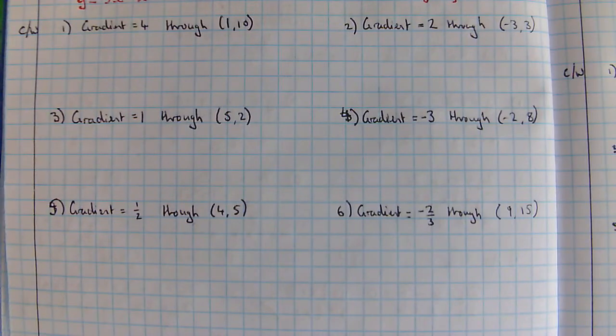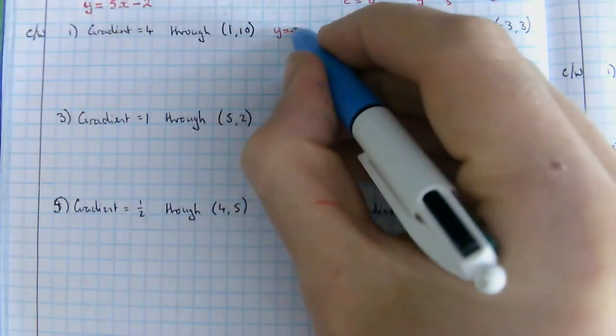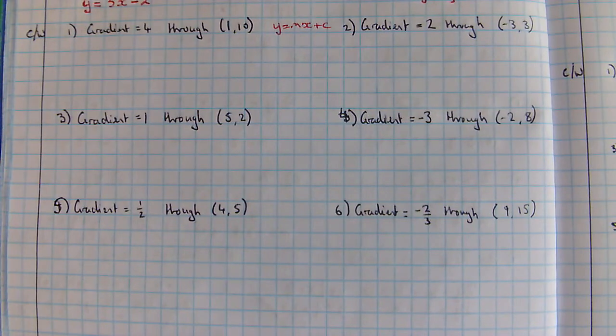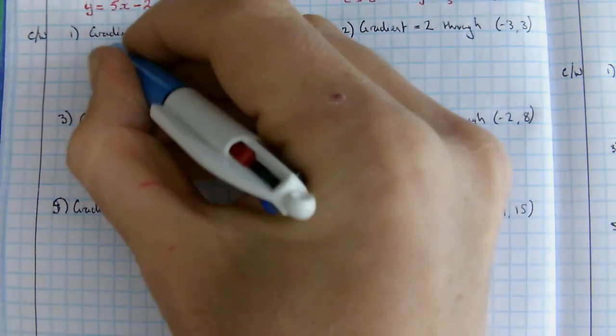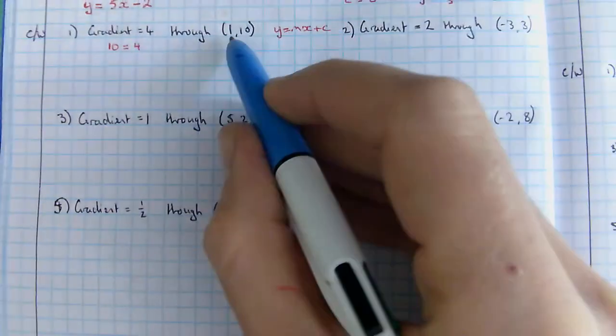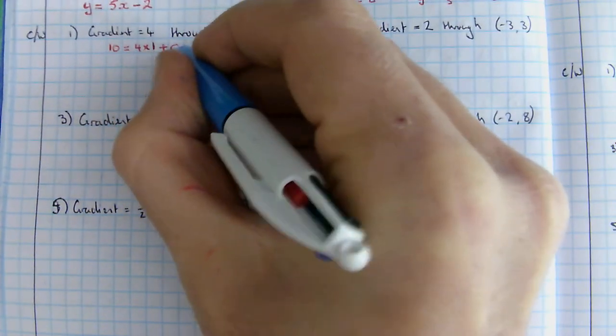Okay, so here are 6 questions for you to try. Remember that you are starting by substituting into y equals mx plus c, so just write y equals mx plus c there, using that to find c and then rewriting the equation. So I'll start you off on the first one. y is 10, gradient is 4, x is 1, plus c.